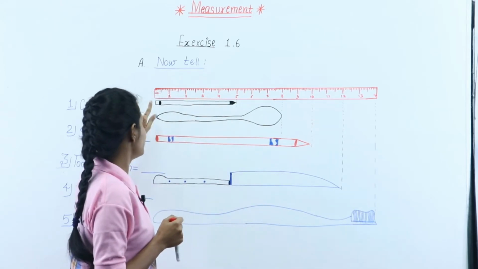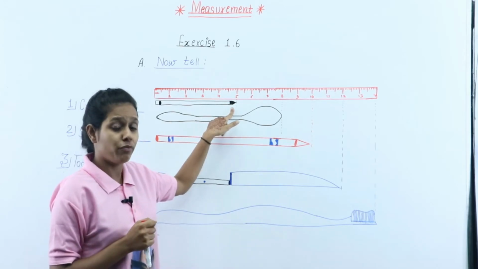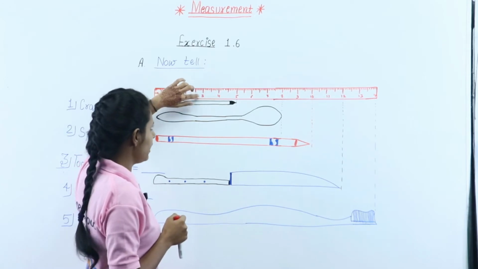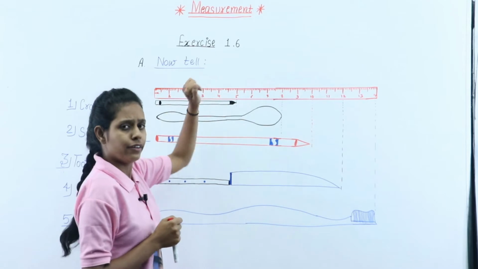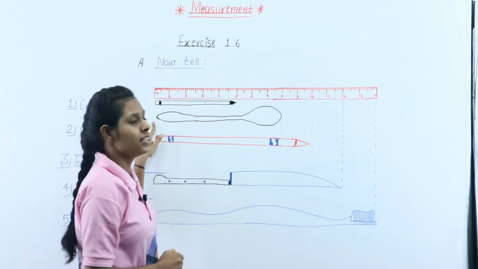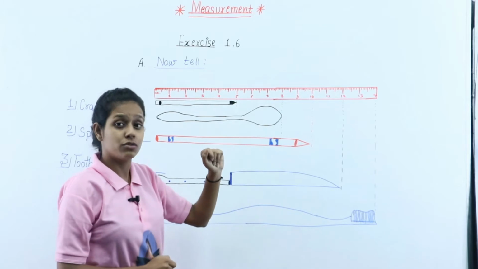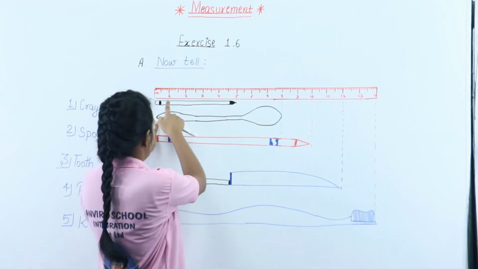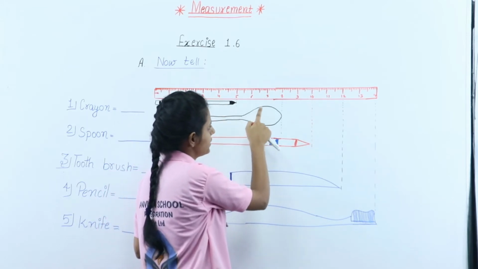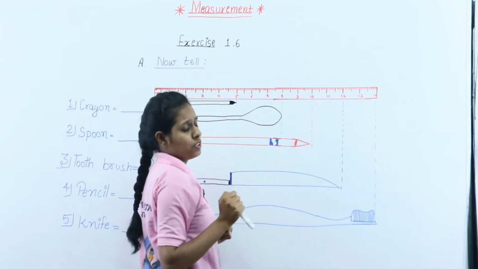The first object is a pencil. What is the length of the pencil? It is 1, 2, 3, 4 and 5 centimeter. Next is a spoon. What is the length of this spoon? It's 1, 2, 3, 4, 5, 6, 7 and 8. The spoon is 8 centimeter long.